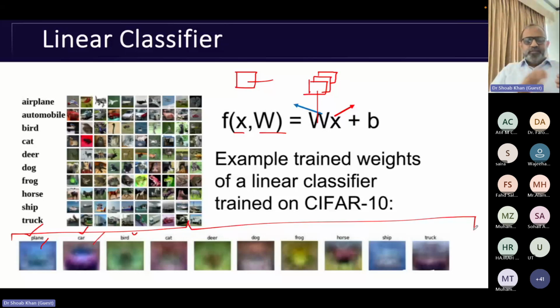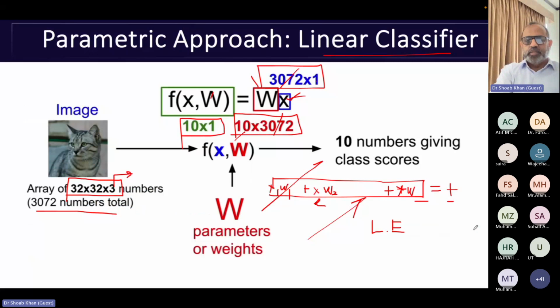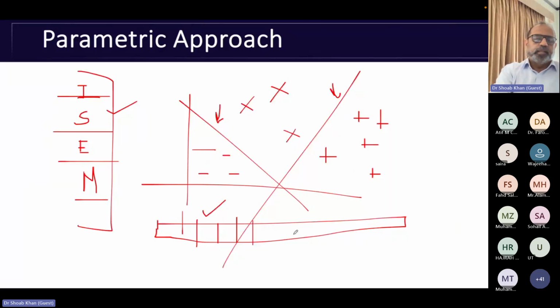Every set of weights is for a specific equation, one of the 10 equations I wrote here. This is an equation, so you are going to have 10 of these, with 3072, which is actually 32 by 32 by 3. If you take the weights for the first equation and plot them as 32 by 32 by 3, the weights will look like this.